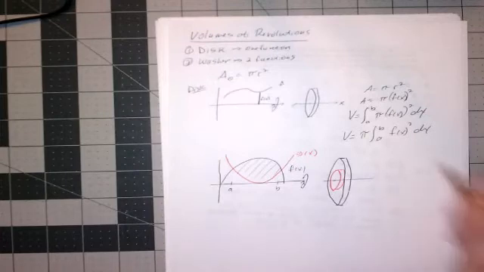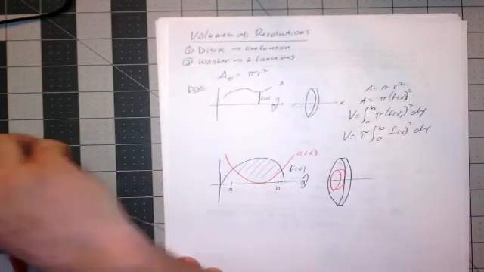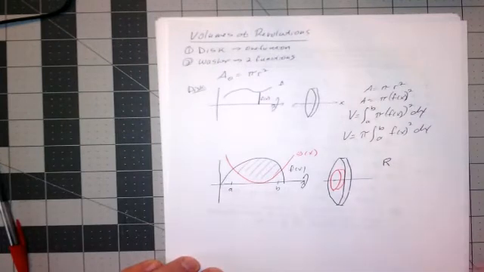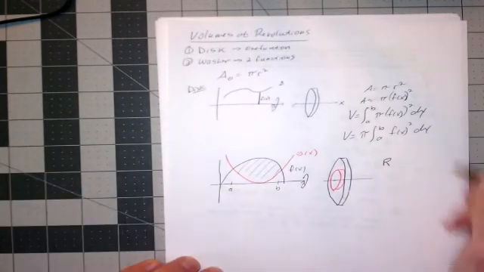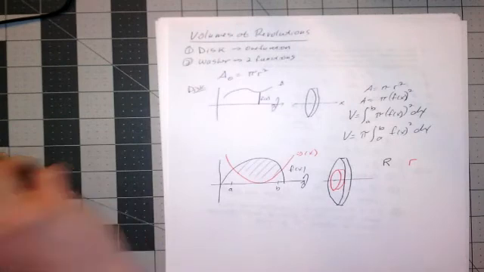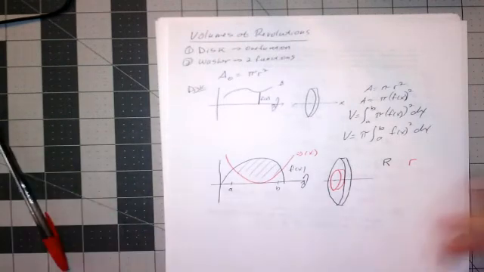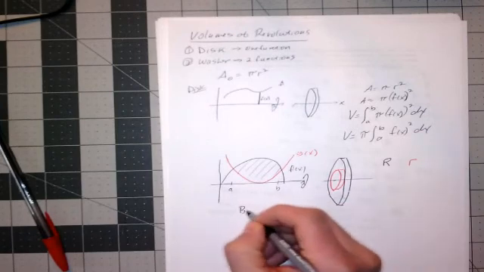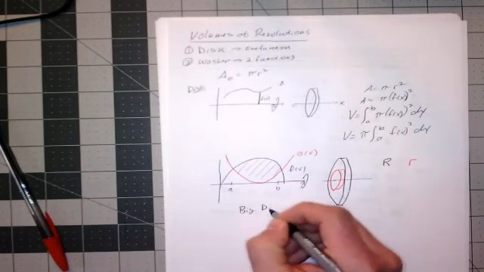Okay, so what we have here is we have big R for our outer radius, and then we also have little r for our inner radius. Okay, so both of these r's are radii. So you have your big circle with a big disk.